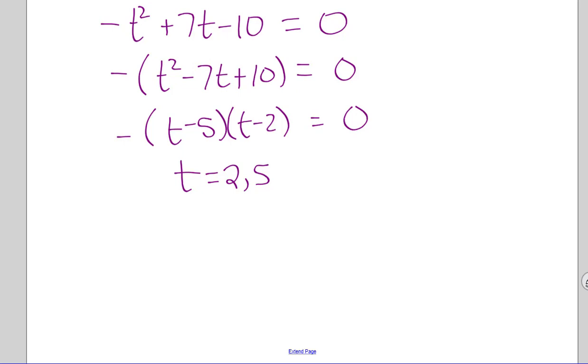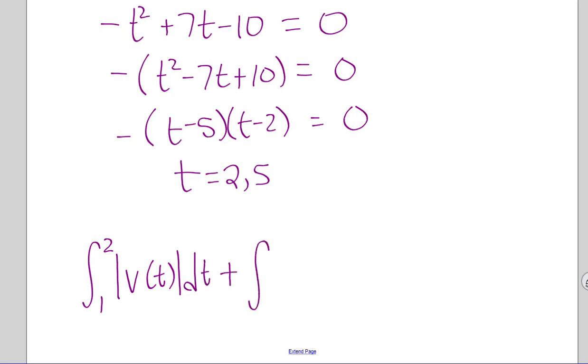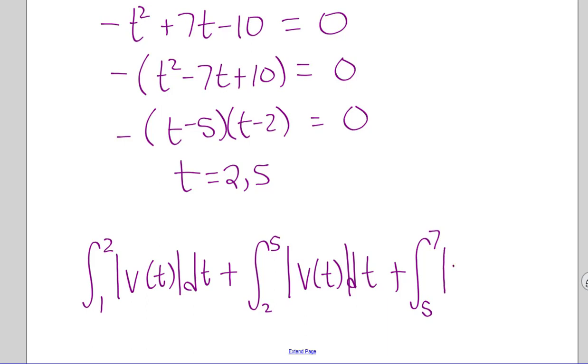So we're going to look at the integral from 1 to 2 of the absolute value of v of t dt, plus the integral from 2 to 5 of the absolute value of v of t dt, plus the integral from 5 to 7 of the absolute value of v of t dt.